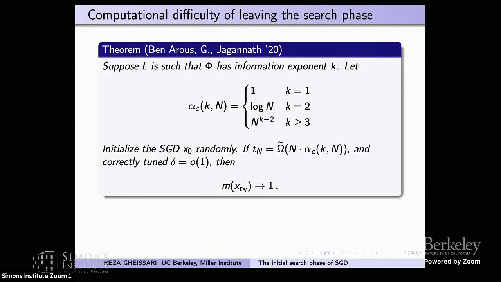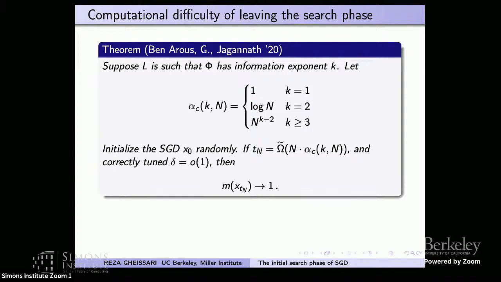The main result is this classification of the time scales it takes to escape this saddle point for stochastic gradient descent. Let's say alpha critical is the sample complexity, the ratio of m over n that you really need to escape.